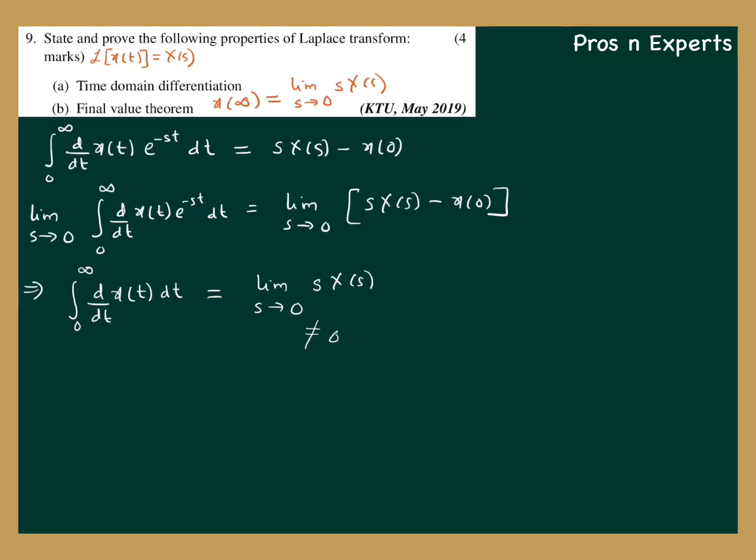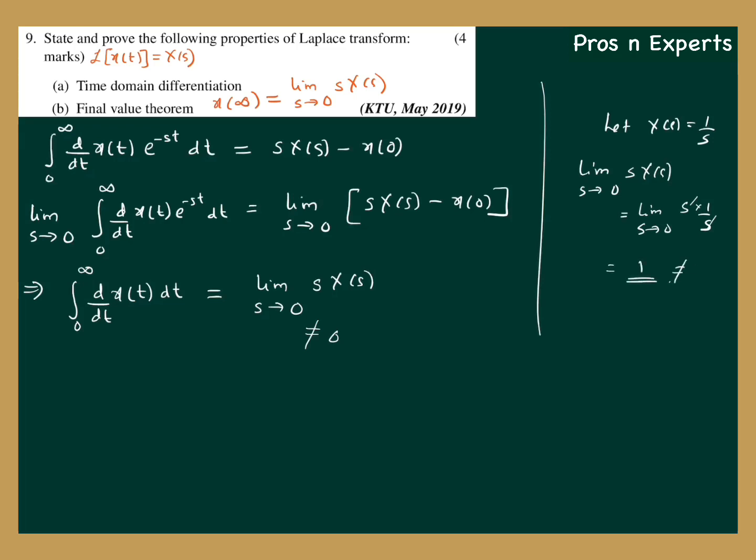Why? Because suppose X of s is equal to 1 by s. Let X of s be equal to 1 by s. Then limit s tends to 0 of s into X of s is equal to limit s tends to 0 of s into 1 by s, which is equal to limit s tends to 0 of 1, equal to 1 and not equal to 0.